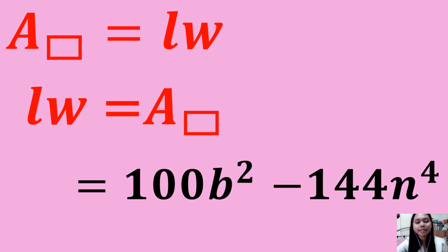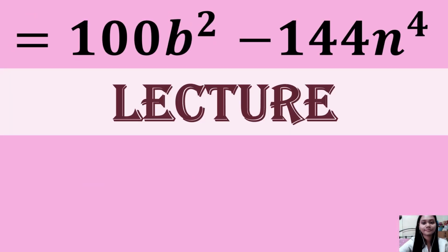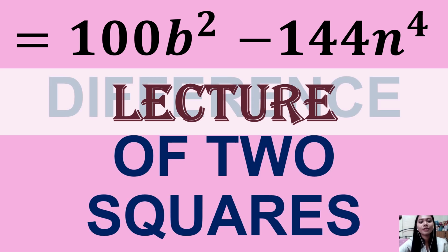At kung mapapansin ninyo na itong expression na to ay isang example ng difference of two squares. So we need to apply how to factor expressions using difference of two squares.